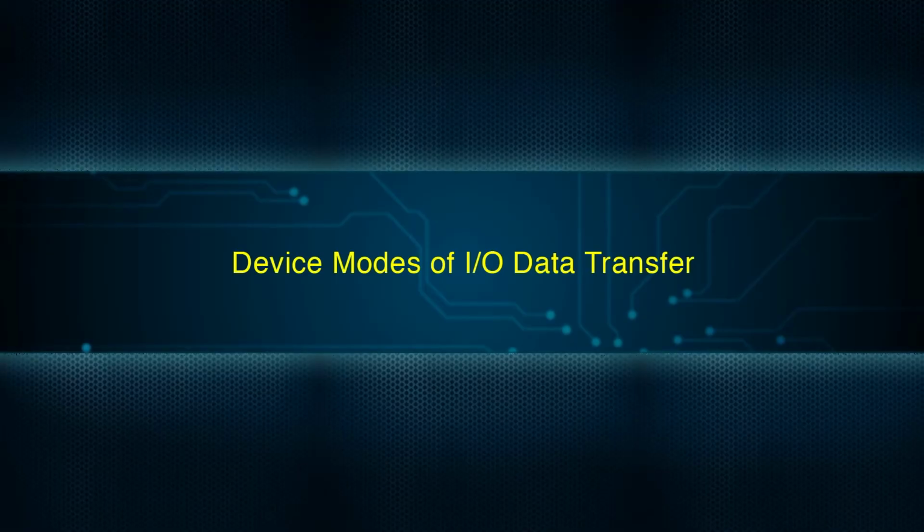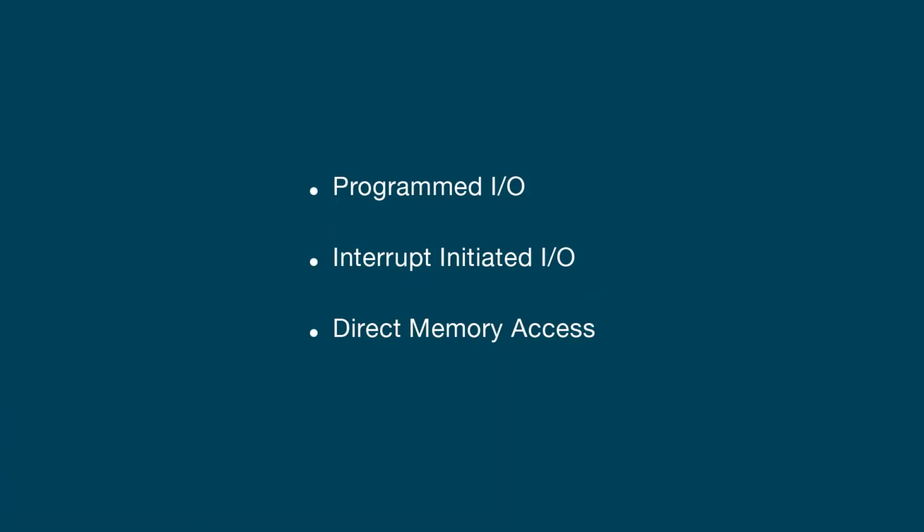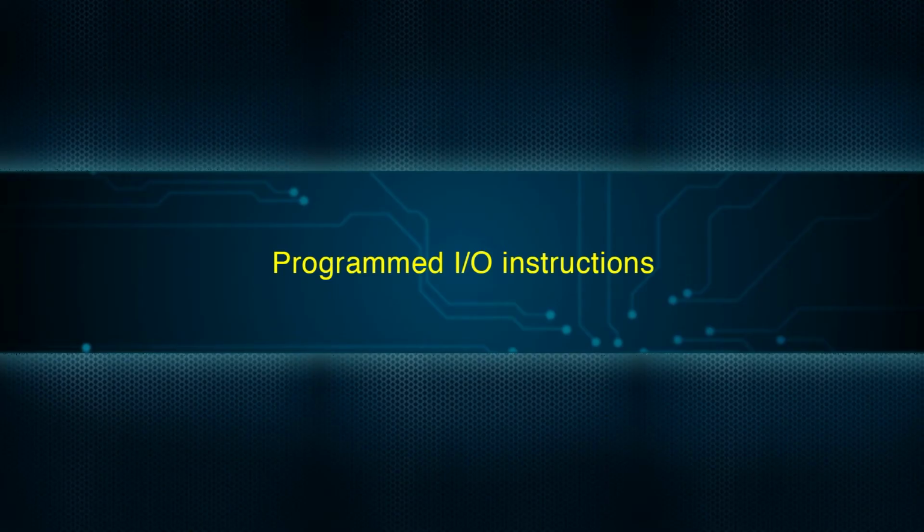Device modes of I/O data transfer. Data transfer between the central unit and I/O devices can be handled in generally three types of modes, which are given below: programmed I/O, interrupt initiated I/O and direct memory access. Programmed I/O instructions are the result of I/O instructions written in a computer program.